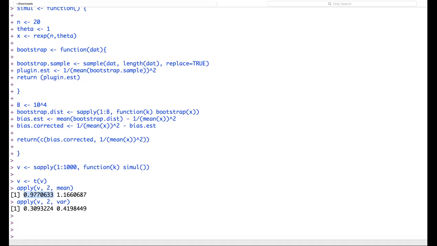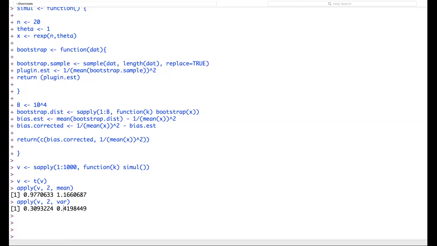The one that's not corrected is 1.16. And the variance is actually smaller for the bootstrap corrected compared to the one that is not corrected.